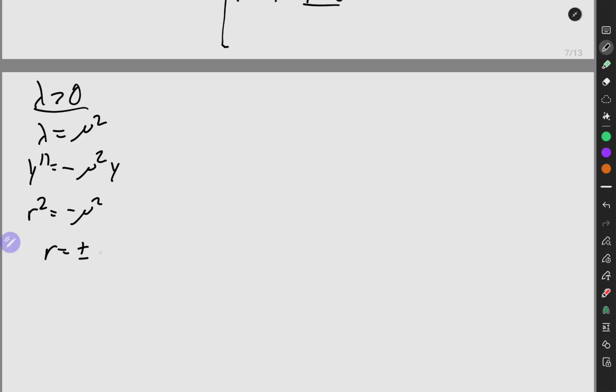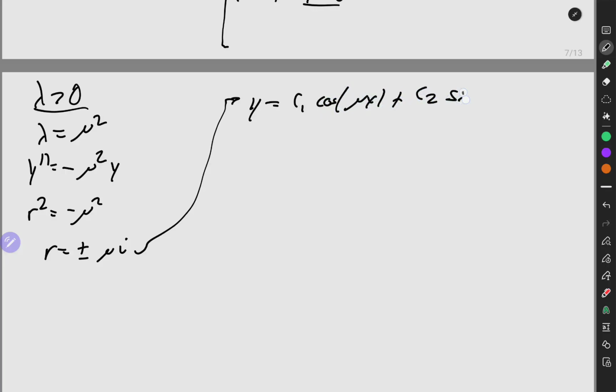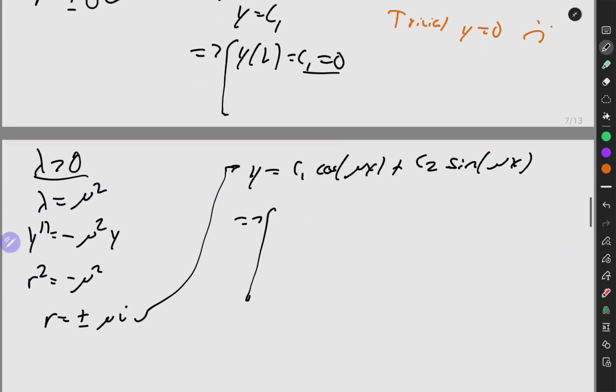Complex, right? We have y prime of 0. Let me think. So this one becomes sine, goes to 0. This one becomes cosine, becomes 1.